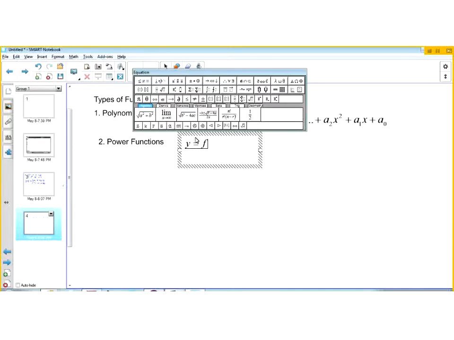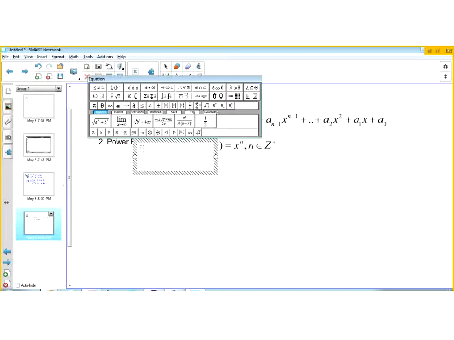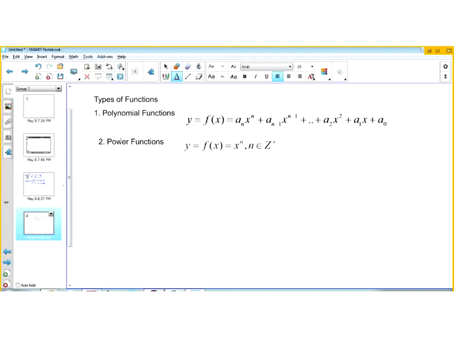So an example of a general power function would be something that looks like this: x to, say, power n, where n is an element of the set of integers, Z plus, which means the set of positive integers. So Z plus is any integer that's not negative nor 0. Right, so these are power functions.